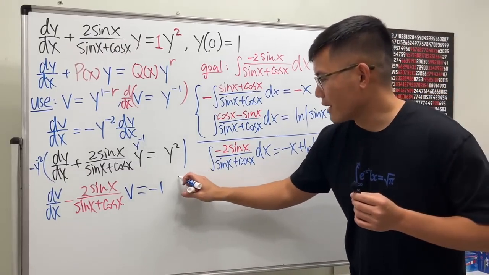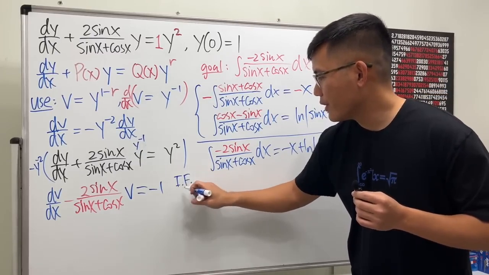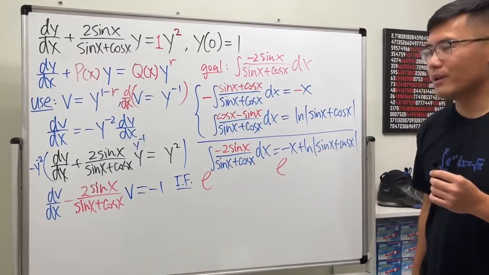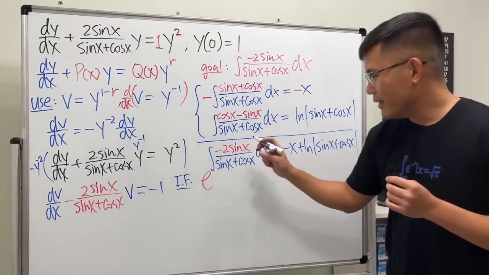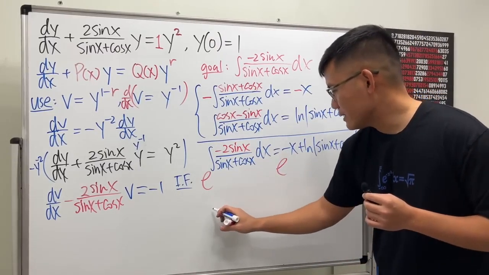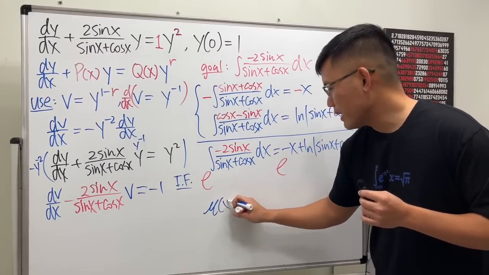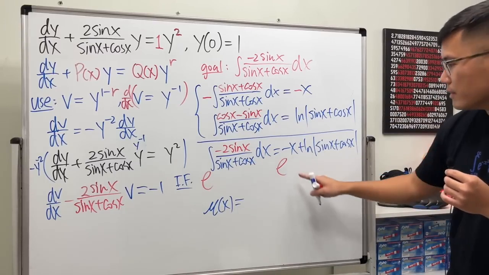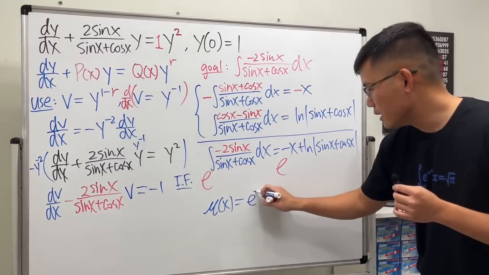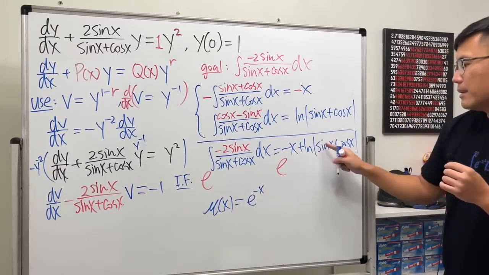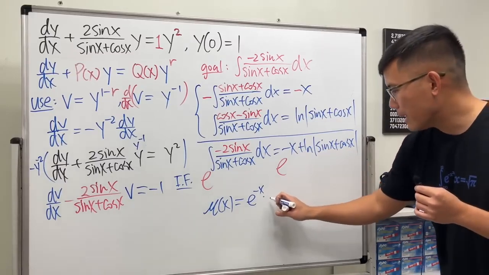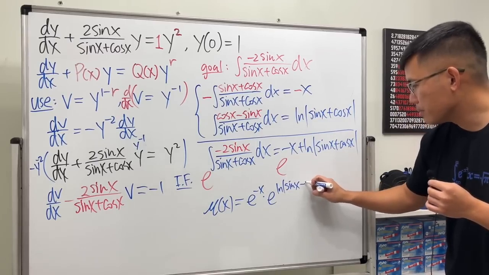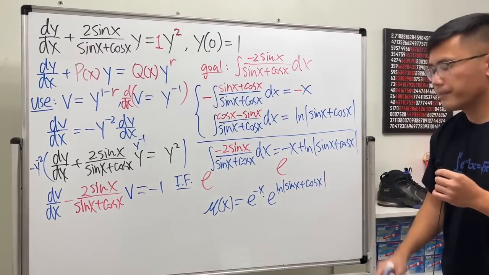For the integrating factor, we will have to do e to this power, e to that power, right? So here, the integrating factor is actually going to be mu of x, which is this part. That's going to be e to this power, which is e to this. And because we are adding the powers, we can say multiply by e to this power, which is ln absolute value of sin x plus cosine x.